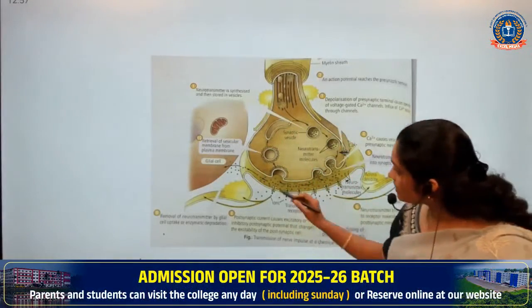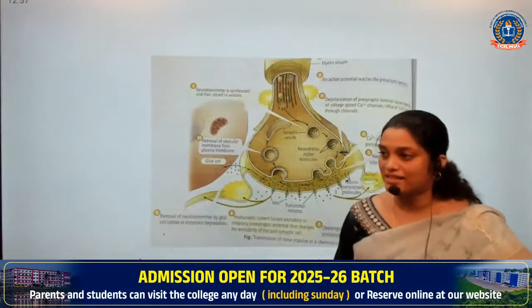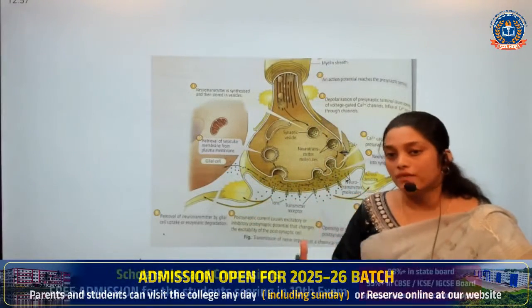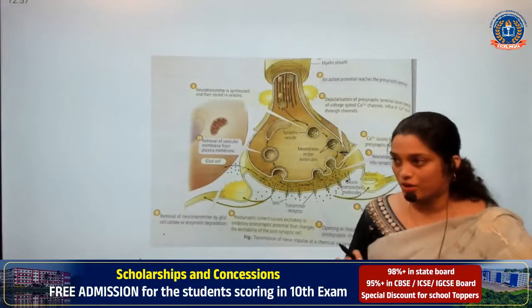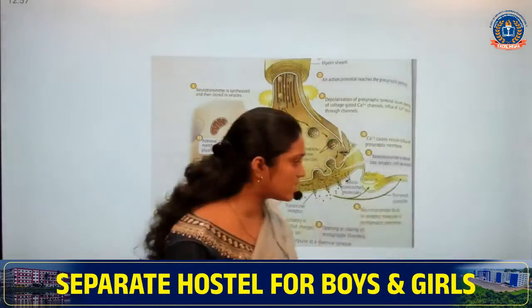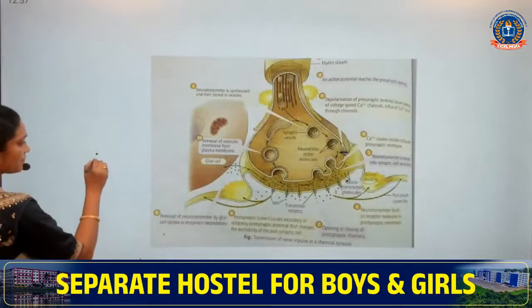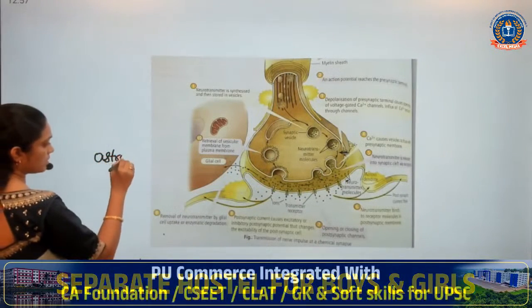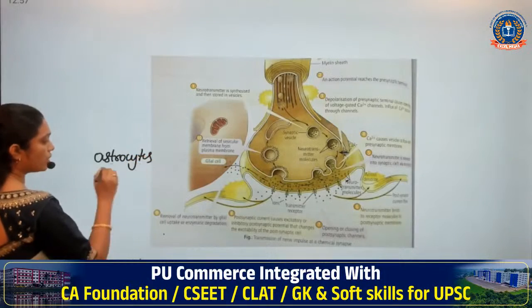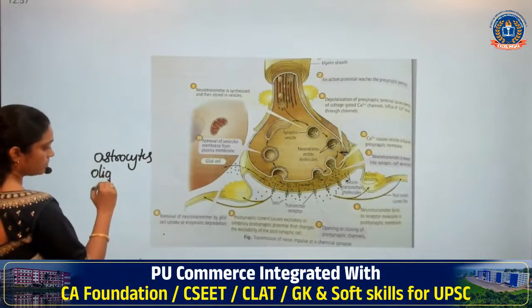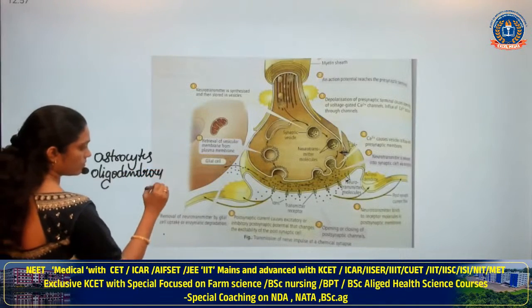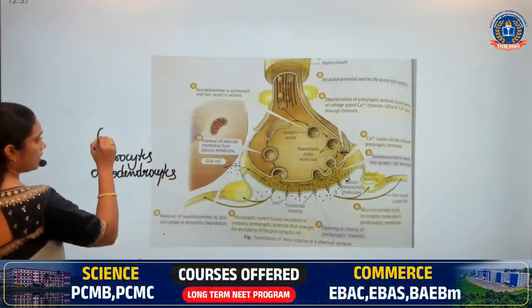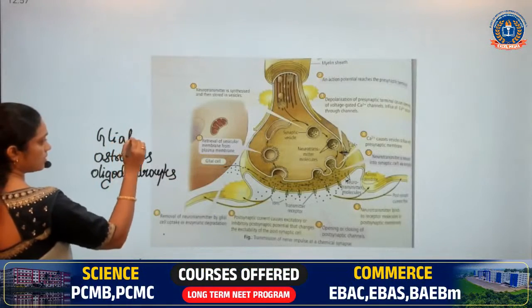What will happen? Surrounding there are something called glial cells. When we speak about the nervous system, it's not only the neurons that are present there. You can also see various cells such as astrocytes, oligodendrocytes, glial cells.